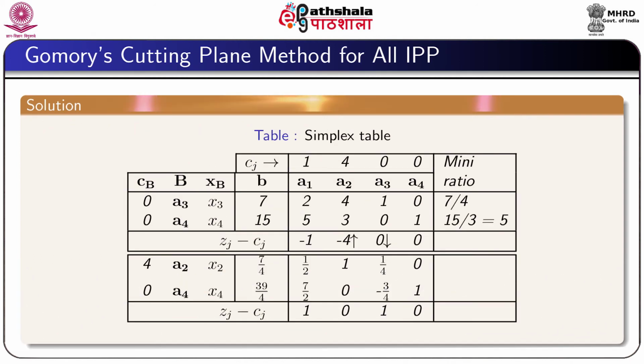Now, if we put this problem in the simplex table, we see that in the first iteration the optimality condition is not satisfied, whereas in the second iteration the optimality condition is satisfied as Zj minus Cj is greater than equal to 0 for all j.